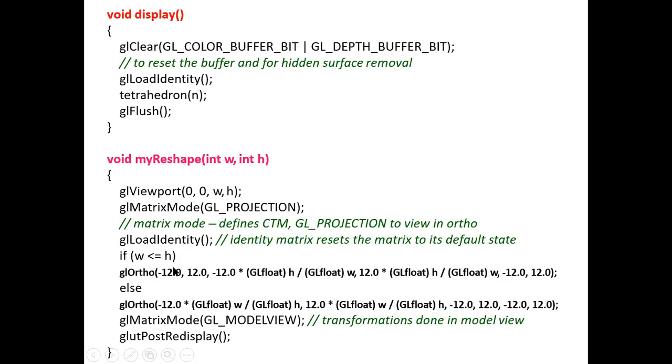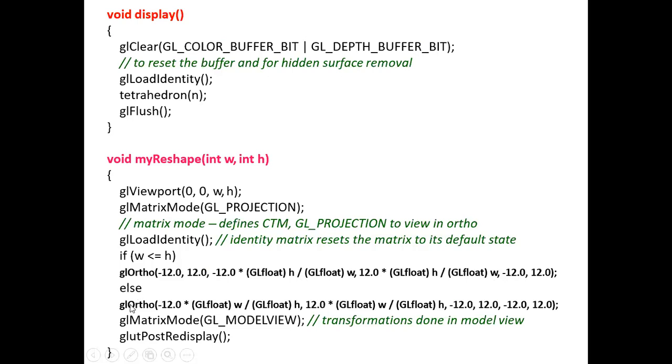In that case I'll call glOrtho. glOrtho takes six parameters: left, right, bottom, top, far and near. I will write -12.0 and 12.0 for the left and right ends. Then, whenever W is less than or equal to H, you write your bottom and top as -12.0 times H by W and 12.0 times H by W. These are the far and near values.